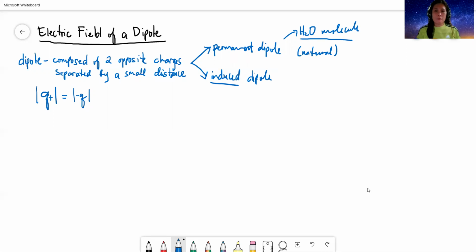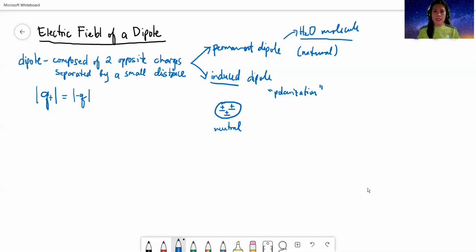In an induced dipole, say for example, you have a sphere, and initially it is neutral. So I'll draw here equal numbers of positive and negative charges. Neutral pa siya. Now we can subject this to an external electric field, and then the charges here will rearrange such that it undergoes polarization.